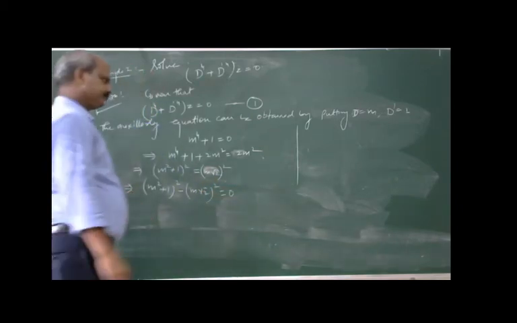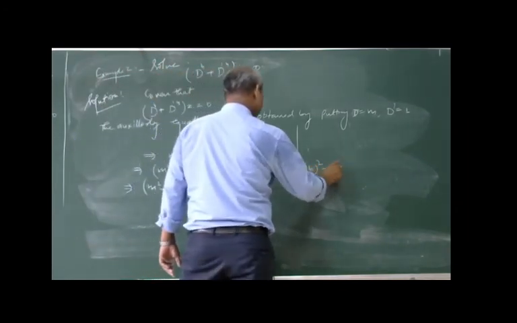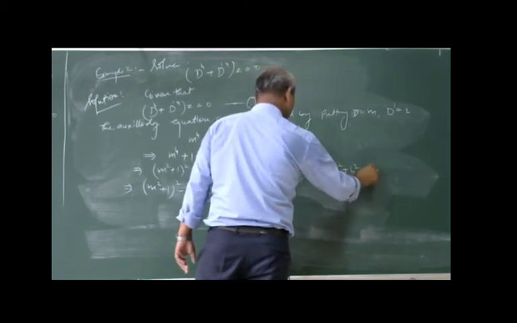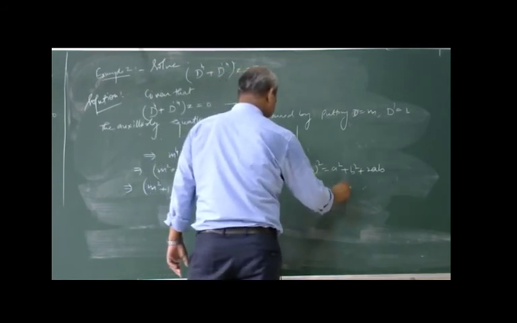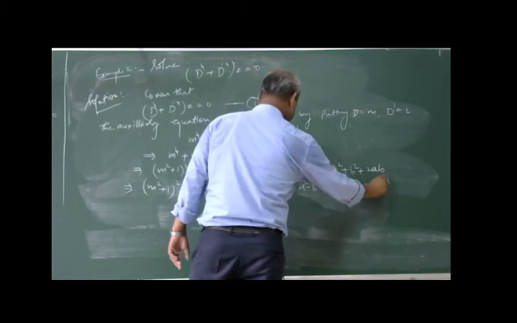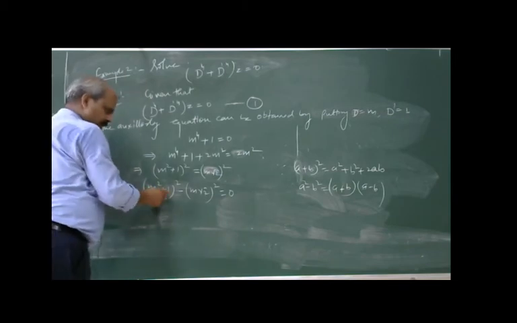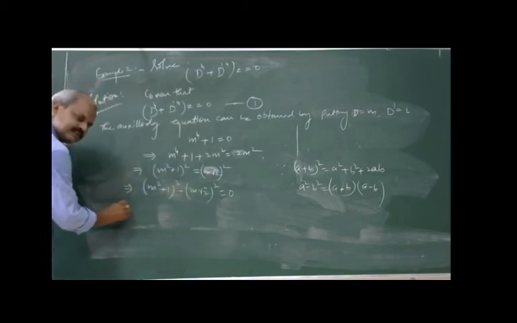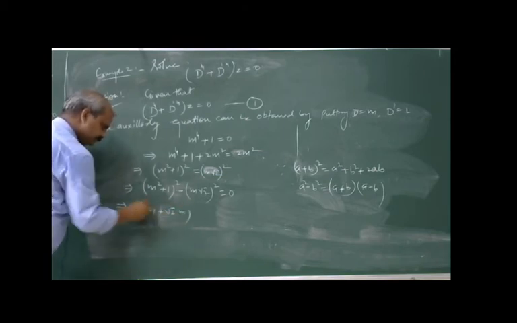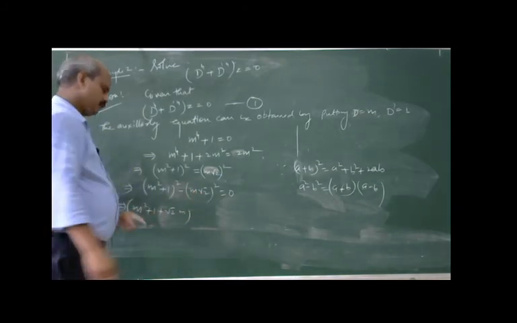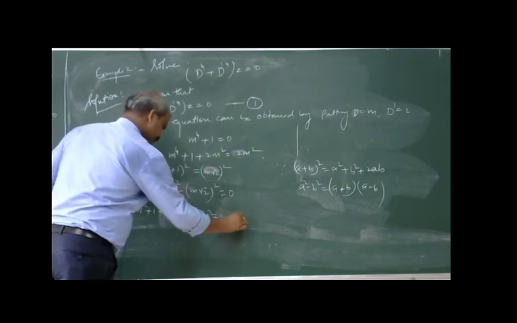Now again using a square minus b square equal to a plus b into a minus b, this gives m square plus 1 plus root 2 m, and m square plus 1 minus root 2 m.